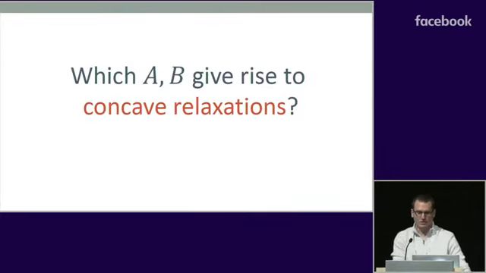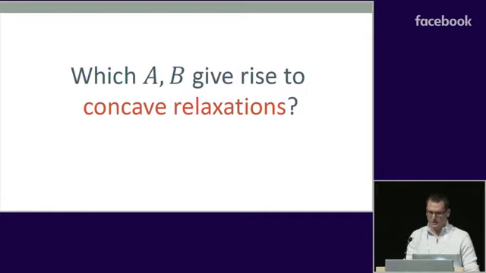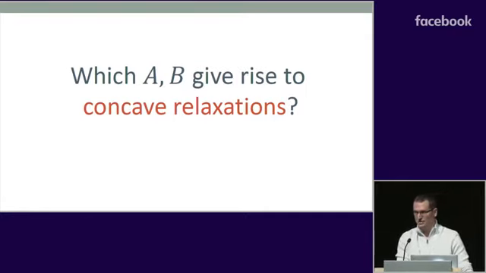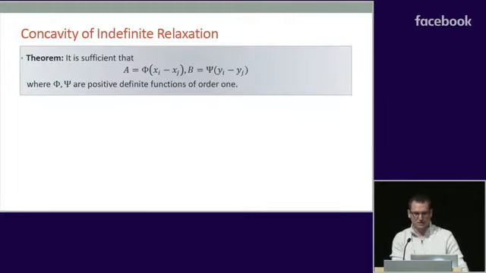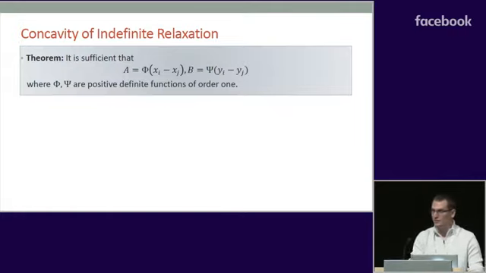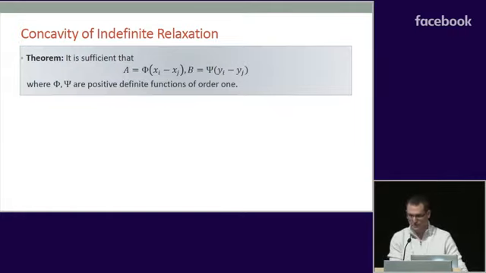The first question I want to ask is which affinity matrices give rise to such concave relaxations? The answer is pretty simple. It is summarized in the following theorem, which states that it is sufficient that the affinity matrices A and B are generated using positive definite functions of order 1.